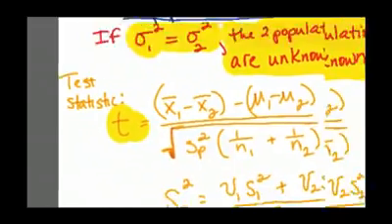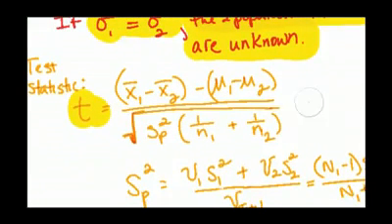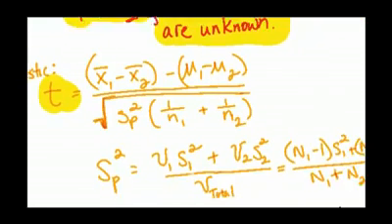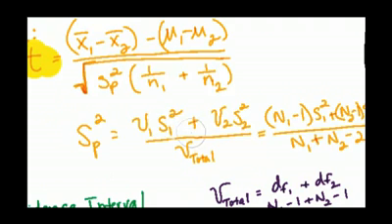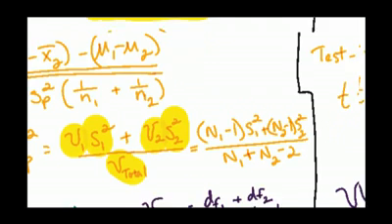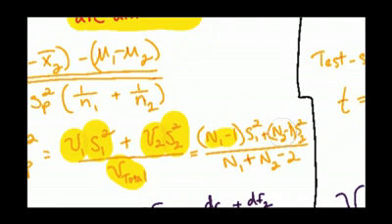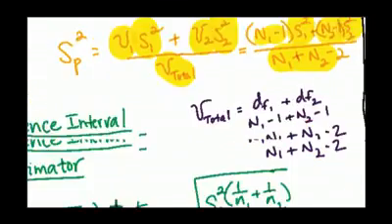So if the variances are equal, this is your test statistic formula right here, and we are going to have what's called a pooled variance because they're equal. It's basically the degrees of freedom times the variances over the total degrees of freedom. So degrees of freedom of 1 times the variance of 1 over the total degrees of freedom.